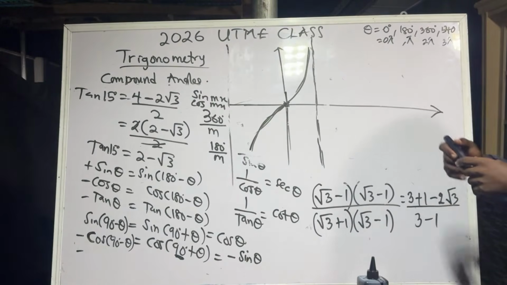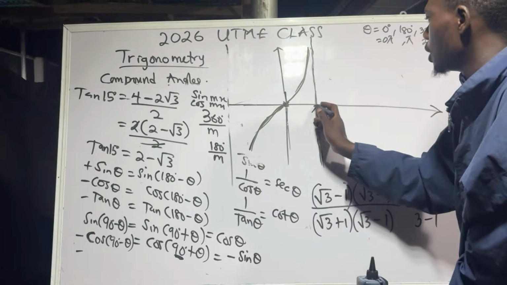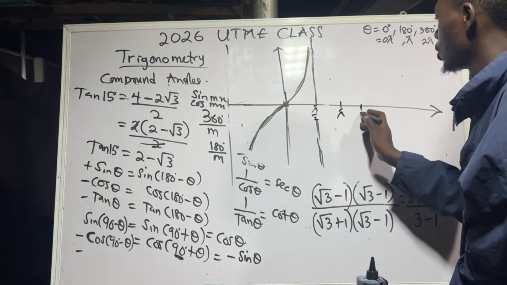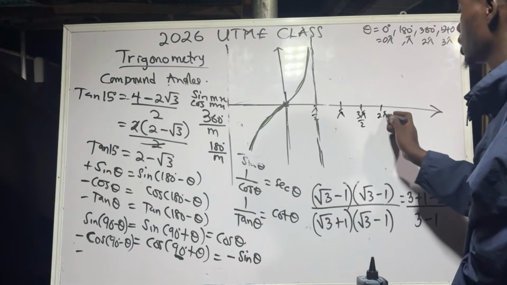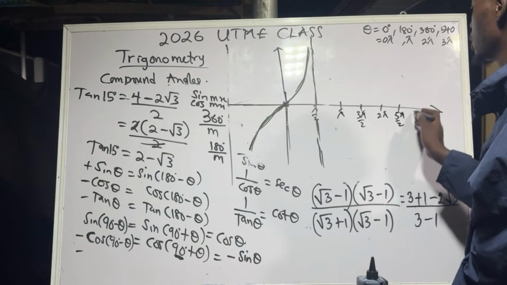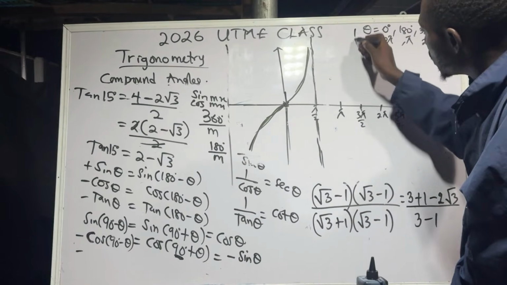So these are multiples of pi. Okay, so this one here is pi over 2. This one here is pi. This one here is 3 pi over 2. This one here is 2 pi. This one is 5 pi over 2. And this one is 3 pi. So note that we are at the point where it will be asymptotic.